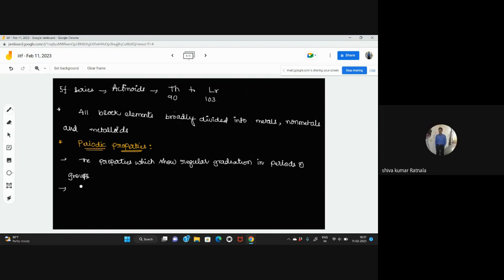What are the properties we have generally? We have atomic size or atomic radius. Next, ionization potential, or ionization energy also we can say. Next, electronegativity.